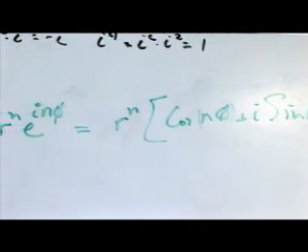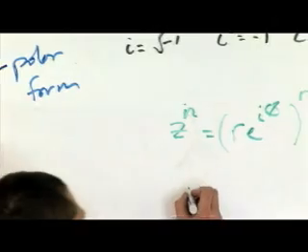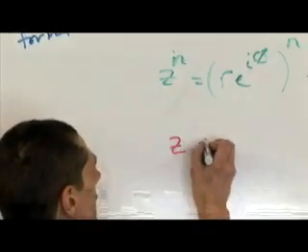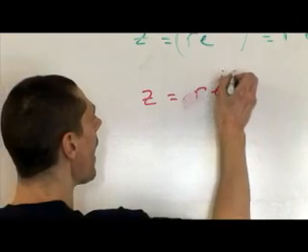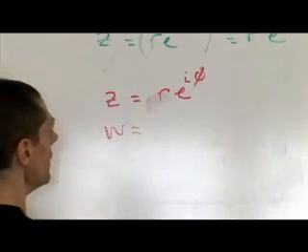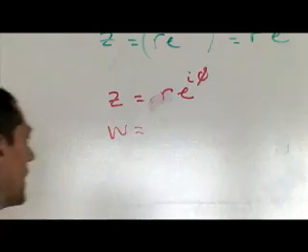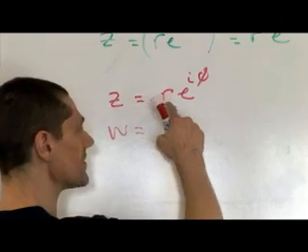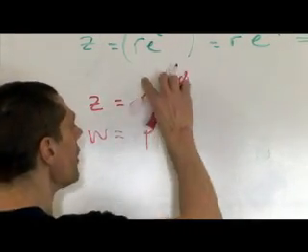So, as long as we're here, let's do something else too. Suppose I have z equals r e to the i theta, and then we'll let w equal something else.